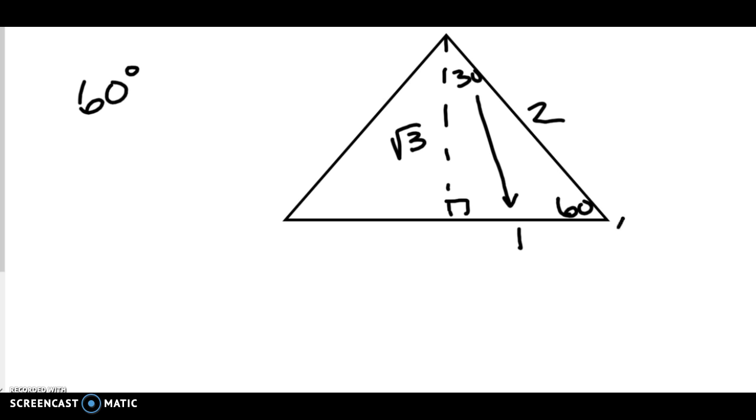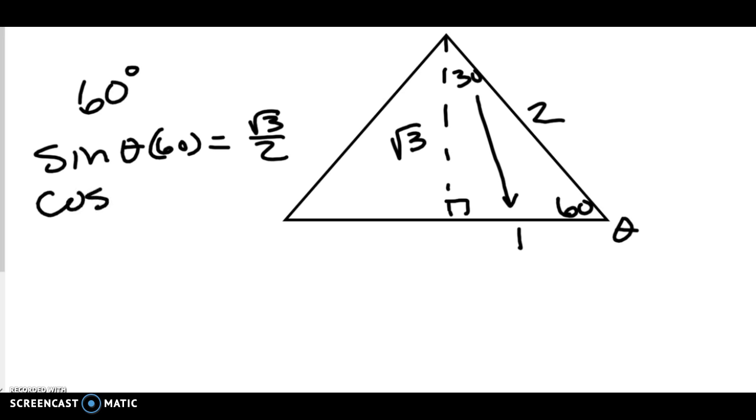So we're going to be looking at this as though this 60-degree angle at first were theta. So we're going to talk about the sine of theta, opposite. The sine of theta being 60 degrees is equal to opposite over hypotenuse. The cosine of 60, adjacent over hypotenuse.